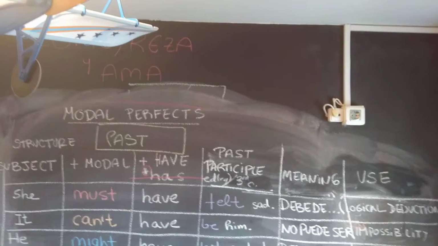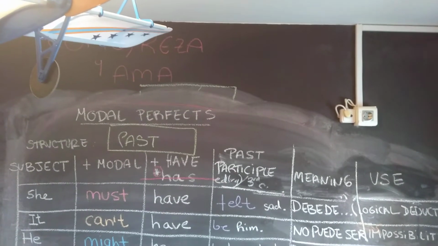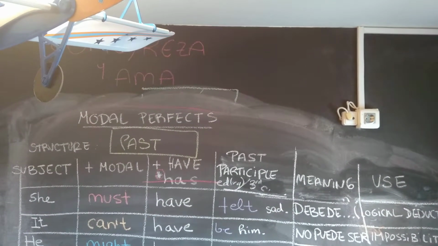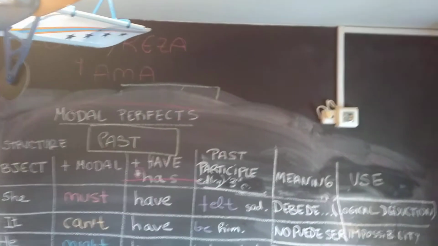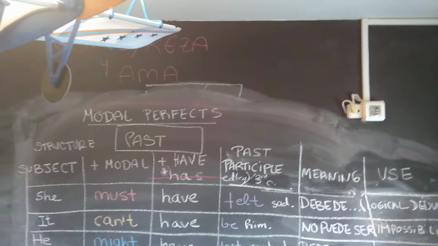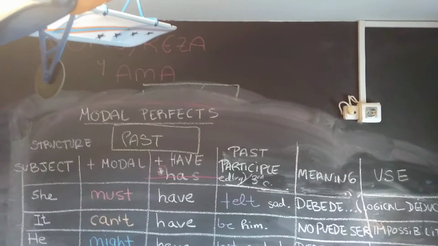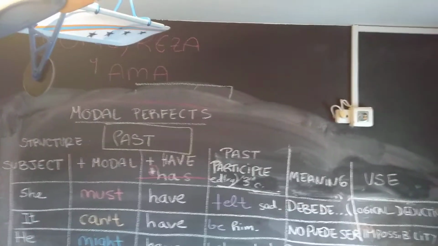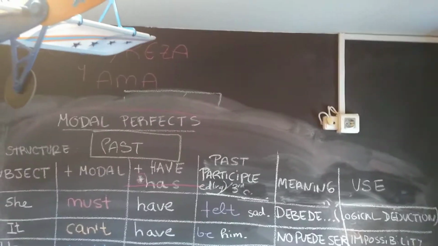Can't. Can't means impossibility. Imagine there is a knock at the door now and you have the feeling that it is your cousin and you say, but my cousin is in Barcelona. So it can't have been him, for example.